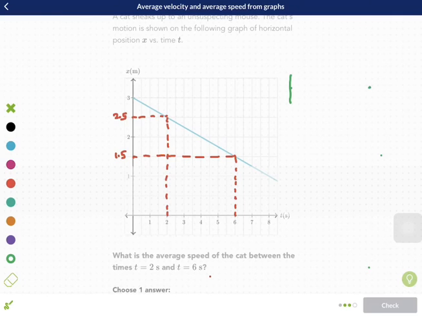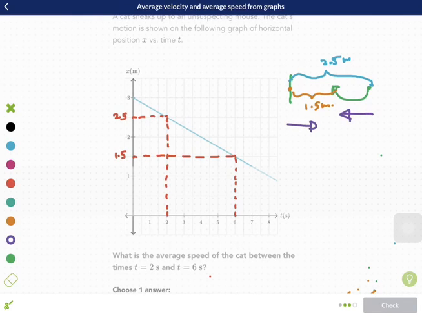First the cat was here, and after that the cat moves to here. The first distance we can take as 2.5 meters, and after 6 seconds he moves to the 1.5 location. So we are measuring from here, that's why the measurements are like that. The cat is coming this way, but we are measuring in this way, so that's why the graph is reducing like this.